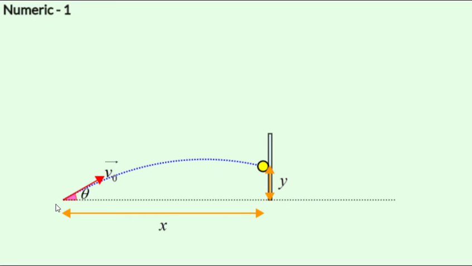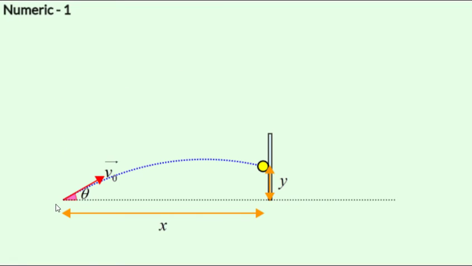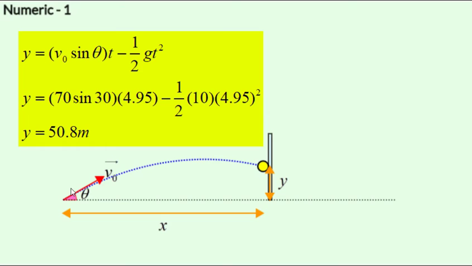And we also have the time which we had just computed as 4.95 seconds. From here you can see that the y displacement using the second equation of motion is also 50.8 meters, the same as we had obtained from the trajectory equation.